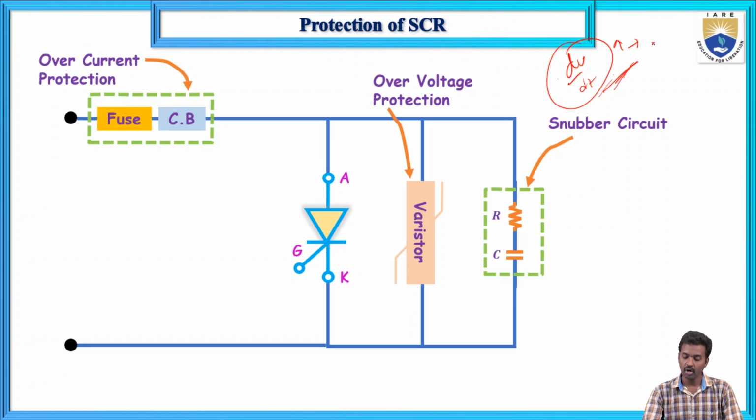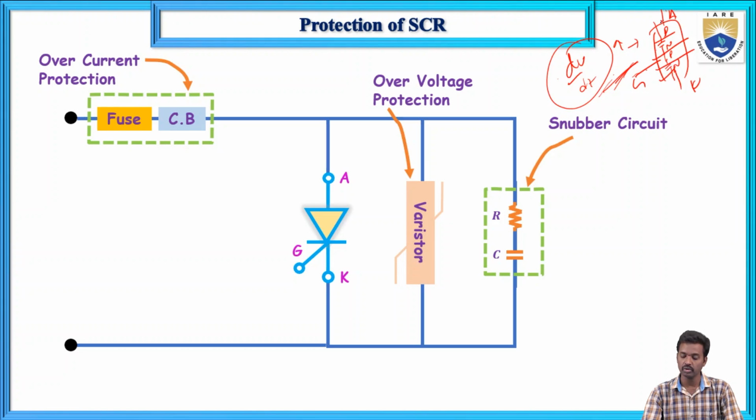In the SCR, which is PNPN, this is the anode, this is the cathode, and this one is the gate. There is a capacitance between anode and gate, and between gate and cathode. Because of this capacitance and sudden changes in voltage, transients occur and a huge amount of current flows.